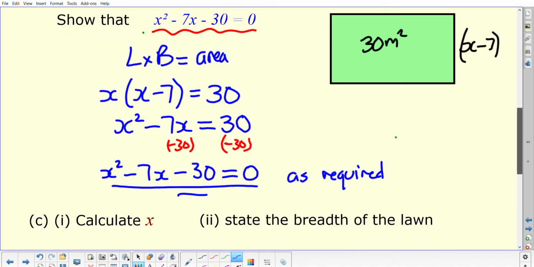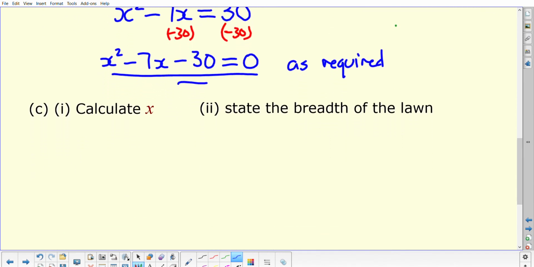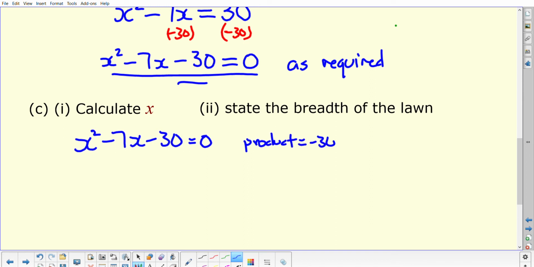So once you've done that, you're then on to actually calculating x, which basically means you're going to be solving this equation, and you'd be looking to factorise this. So I'd be looking for you to write down that your product is equal to minus 30 and your sum is equal to minus 7. So two numbers that multiply together to give you negative 30, and when you add them you get negative 7.